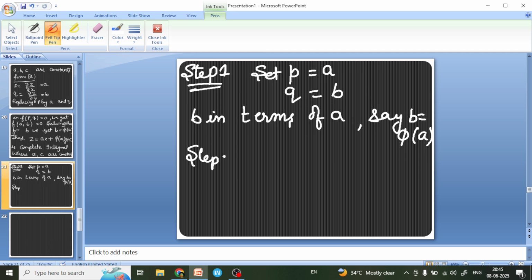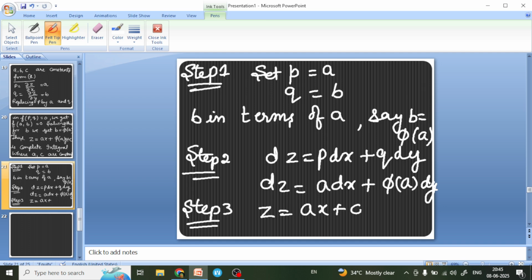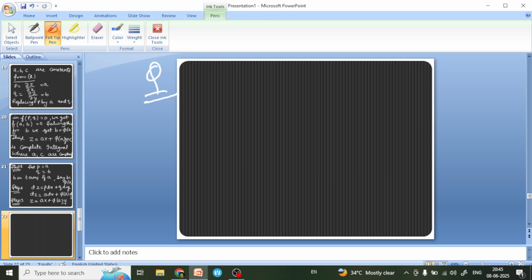In the second step, dz is equal to p dx plus q dy, and we get dz is equal to a dx plus phi a dy. In step 3, integrate this, and the complete integral will be z is equal to ax plus phi of a y plus c, where a and c are arbitrary constants. Now I am taking one example, one question.